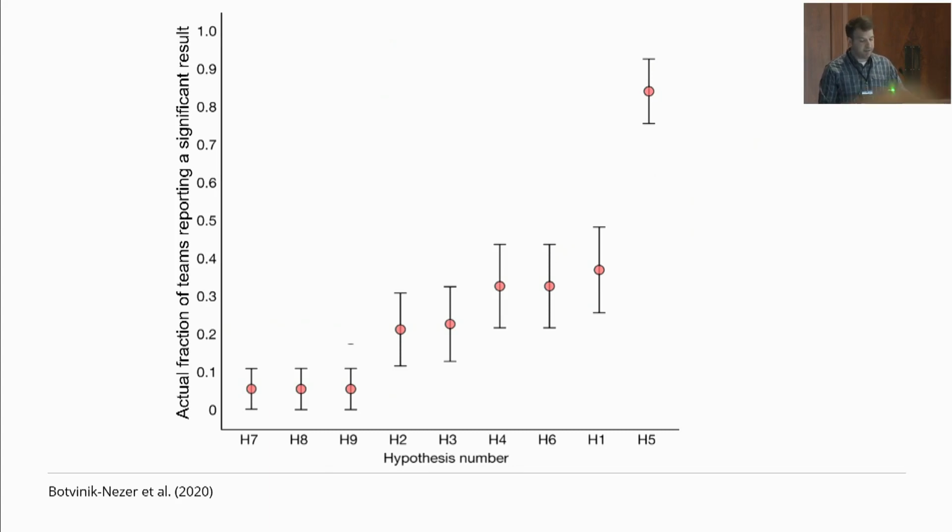But you can see that there are 5 that sit in the middle that range between 20 and 35% of the teams reporting a significant result. So collectively, these robustness studies tell us that analytical decisions are an unrecognized source of variability for findings, and the lack of visibility of that variability is a threat to the credibility of any one analytical strategy.